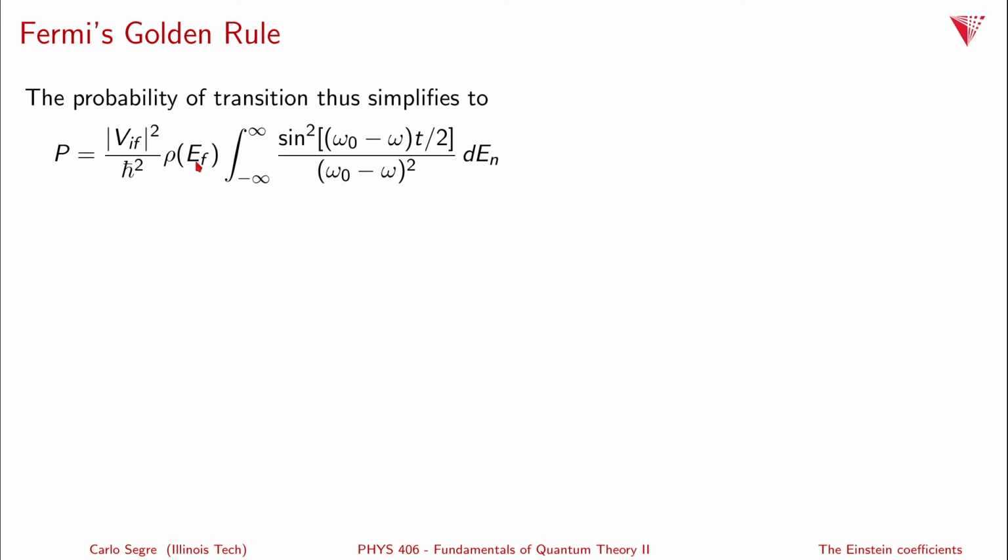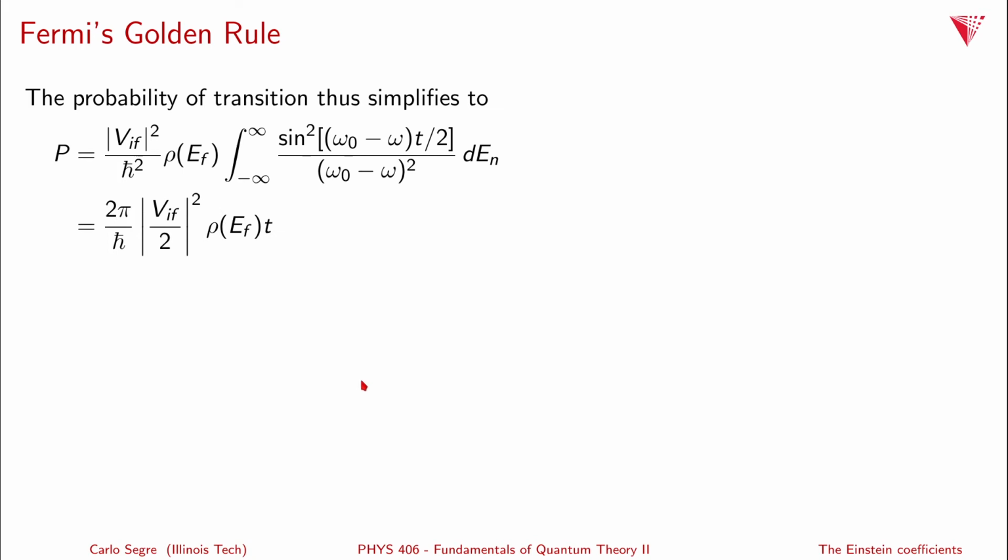simplifying the integral. You can then assume that because that distribution is very narrow, the limits of integration can go from minus infinity to infinity instead of a finite distance away from the final energy. And now you just have to integrate this same quantity which we've integrated before, which is sine squared of omega sub 0 minus omega t over 2 divided by omega sub 0 minus omega quantity squared integrated over dE sub n.